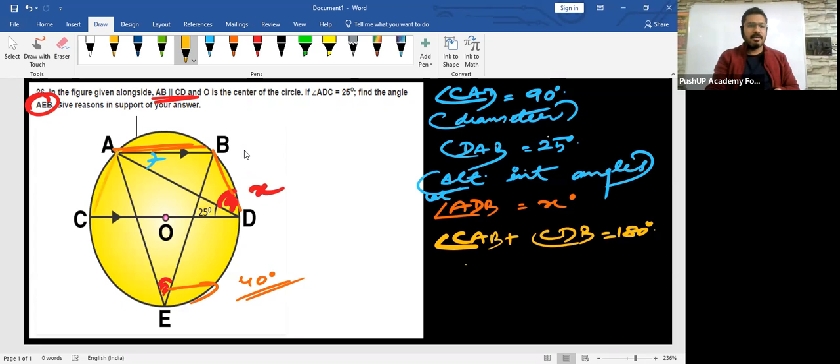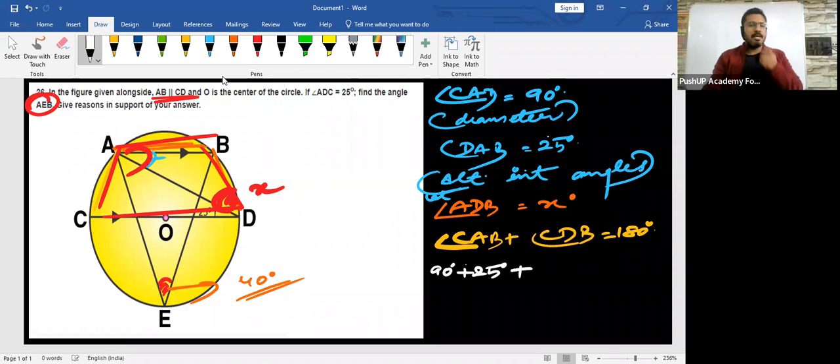So children, this angle CAB plus this angle CBD is equal to what? 90 degrees. So CAB is how much? You can write it here. It is 90 plus 25, plus how much is angle CDB? It is 25 plus X, and that is equal to 180 degrees. When you solve this, you will get X is equal to 40 degrees.